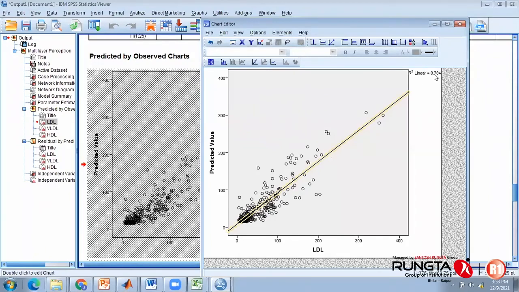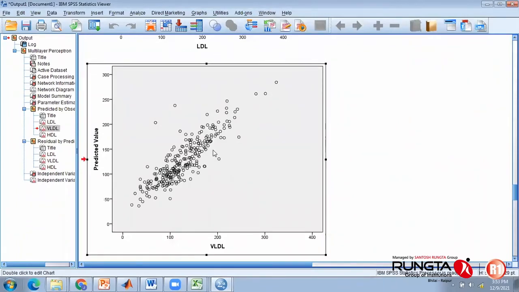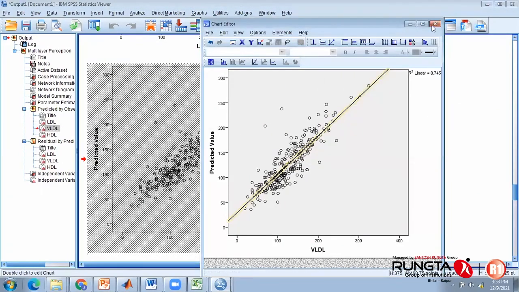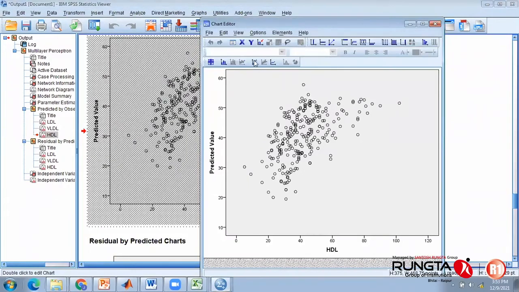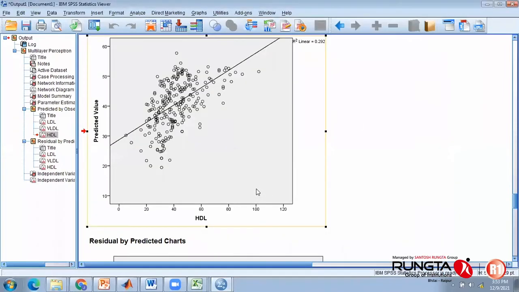You need to take the square root of this and you will get R. So 0.784 is for LDL. For VLDL, it is 0.745. And for HDL, it is 0.292, on a very low side. This is not predicted in a proper way.